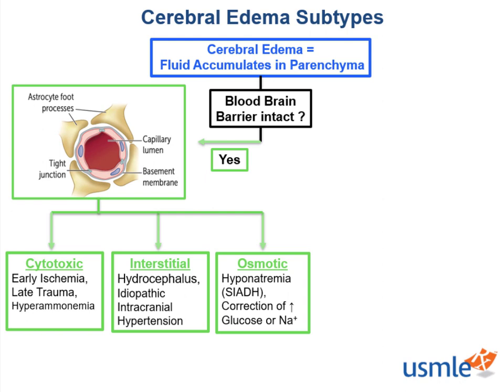Essentially, the osmolarity of the brain and the blood vessels differs due to the presence of hyponatremia from SIADH, or iatrogenically through the rapid correction of hyperglycemia or hypernatremia in the healthcare setting. Overall, these subtypes of cerebral edema leave the blood-brain barrier intact, as you can see in this image.